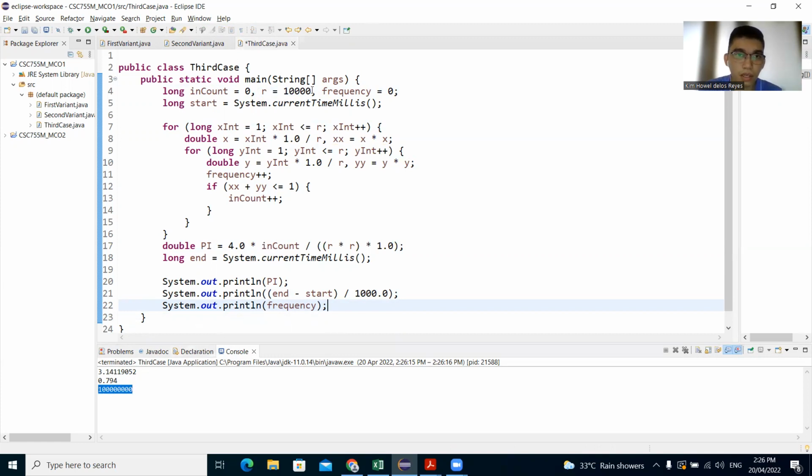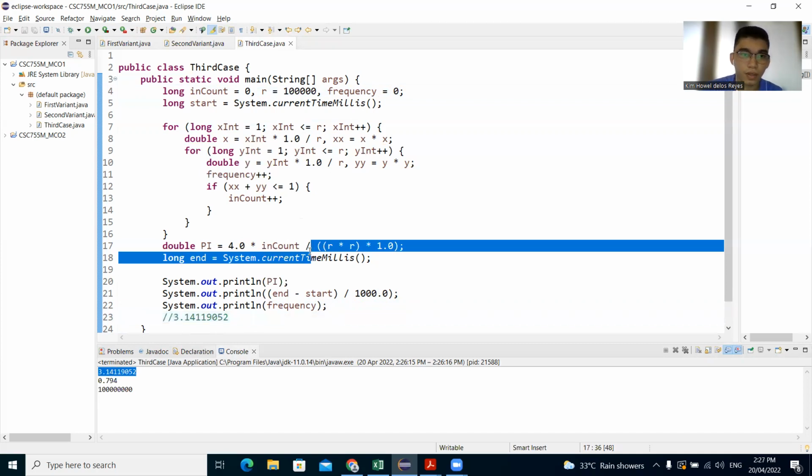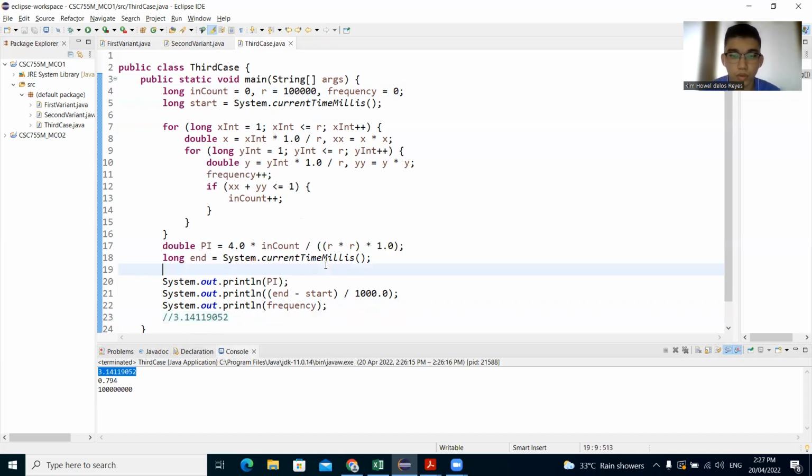And let's check if r is equal to 100,000. Just copy this one, and observe if the value of pi gets closer to its actual value.